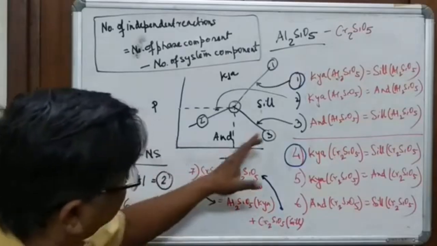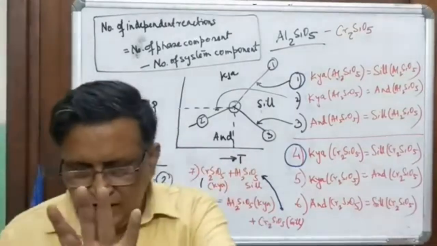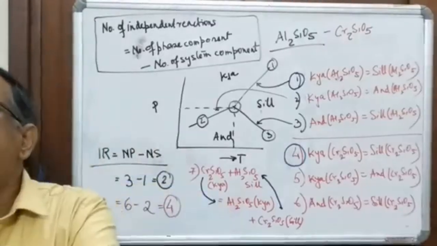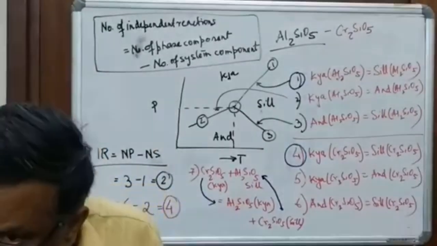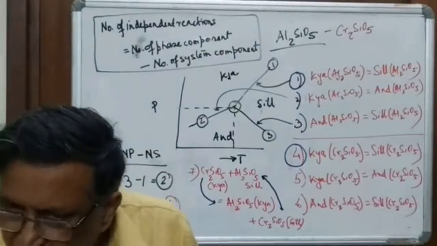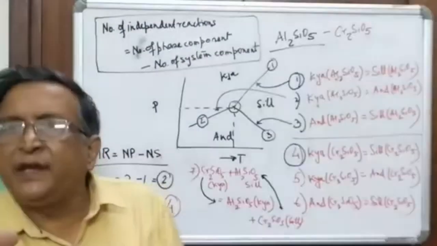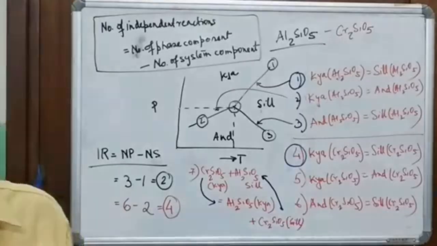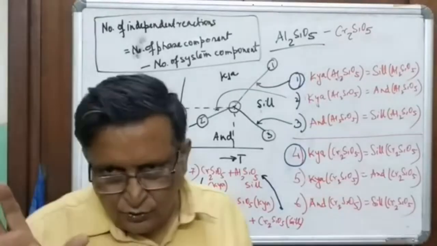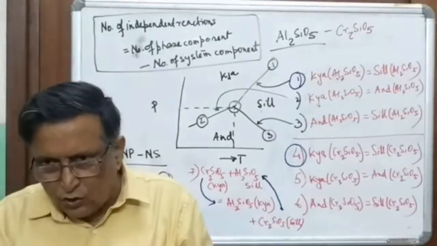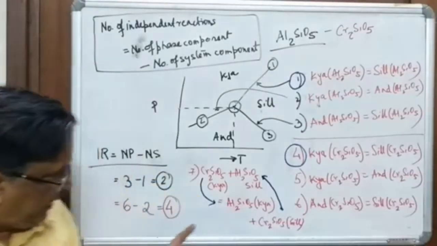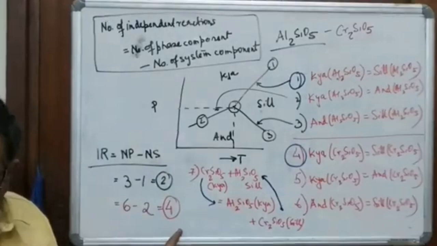So here you see, you have 9 equations, and only 4 of them are independent reactions. In 4 reactions, you will have 4 equations, so you can get 4 variables. Have you understood? This is the basic theory. 4 independent reactions.